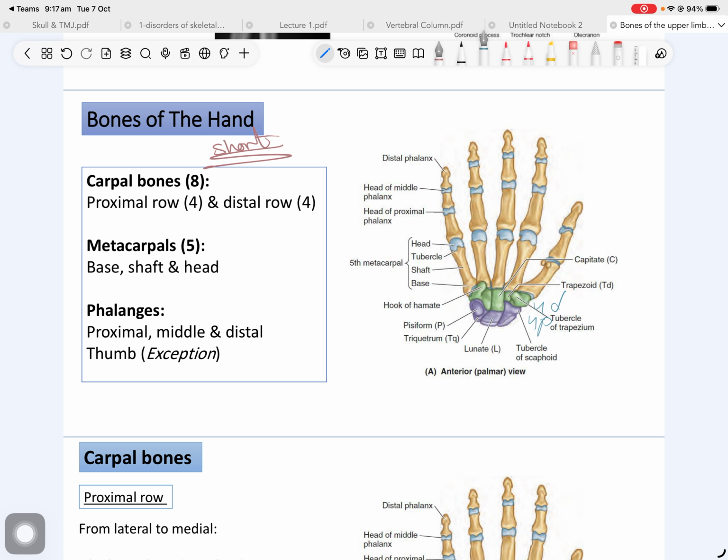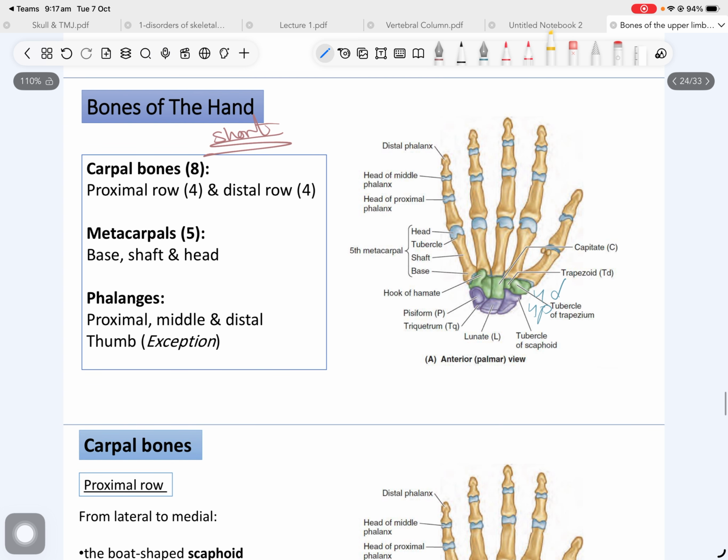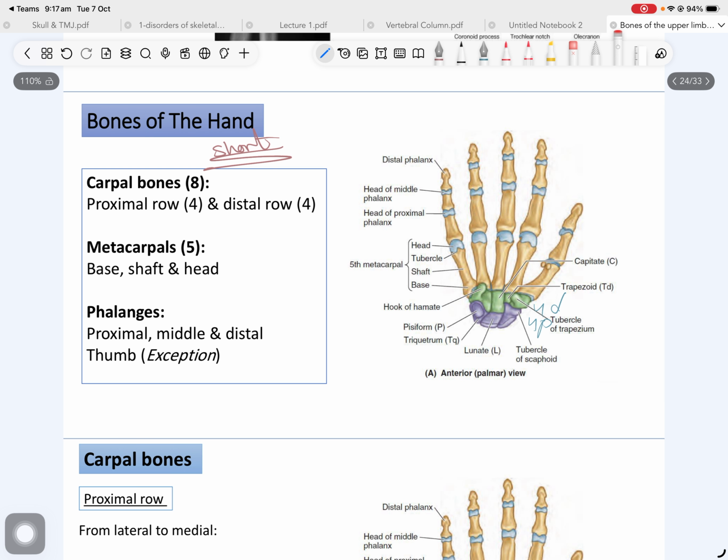It is very important to know the names of these bones. We will talk about them now. Then we have the metacarpal bones. What does meta mean? After the carpal. Where do I find these bones in the hand? Who can tell me? Here. Okay. So this part has the metacarpal bones, and the bones forming the fingers or digits, what do we call them? The phalanges. In the medial 4 digits I have 3 phalanges: proximal, middle and distal phalanx, except for the thumb.